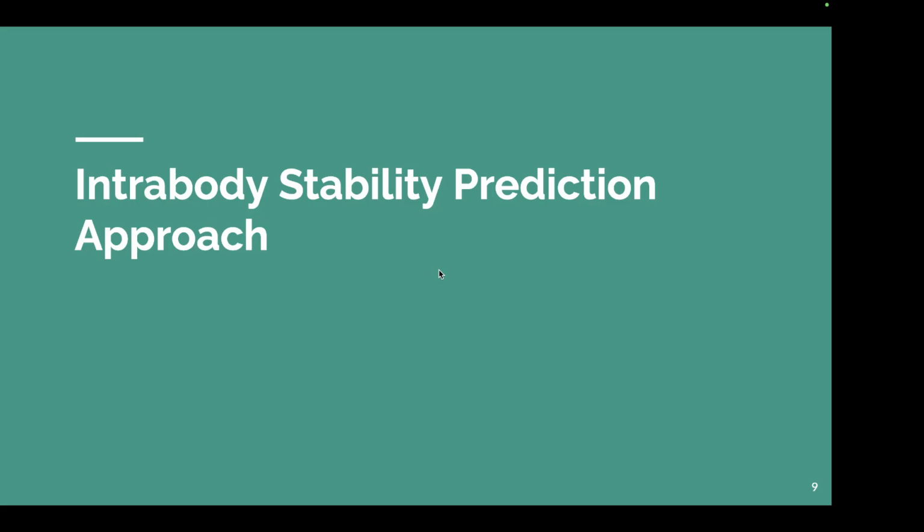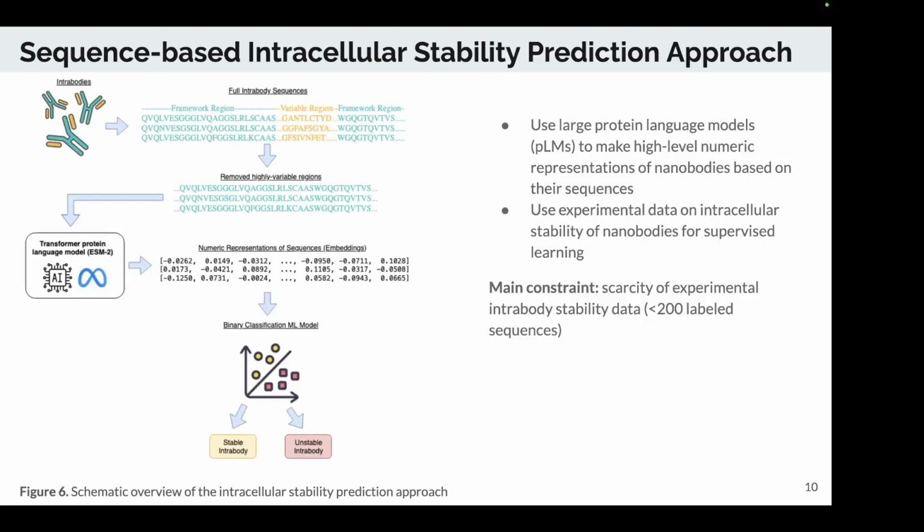Now let's move on to the stability prediction part. So the approach that I ended up using is displayed on this figure 6. We take intrabodies as an input. We represent them as sequences. We then remove highly variable regions from them.